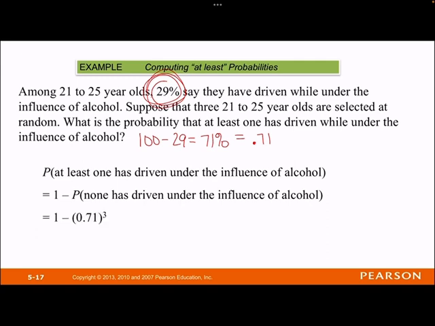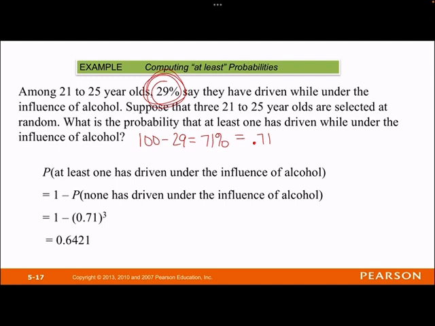So in this case, we're going to do 1 minus 0.71 to the third power, because that's the probability that they have not driven under the influence of alcohol. And one driving under the influence in no way would affect the second one, so they're all independent. When we put that into the calculator, the answer you should get is 0.6421 for a final answer.